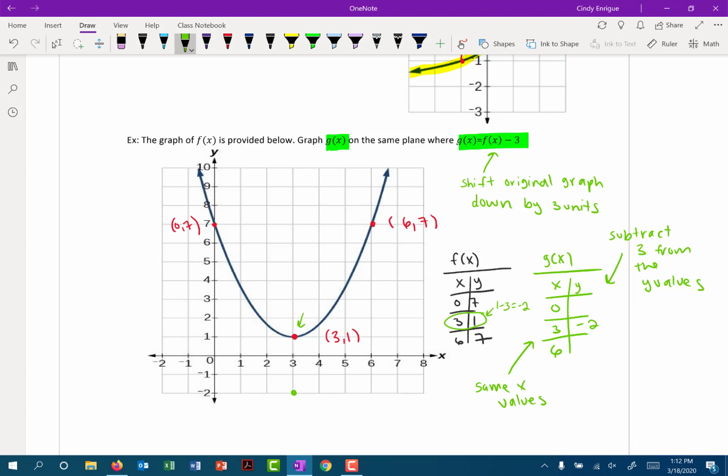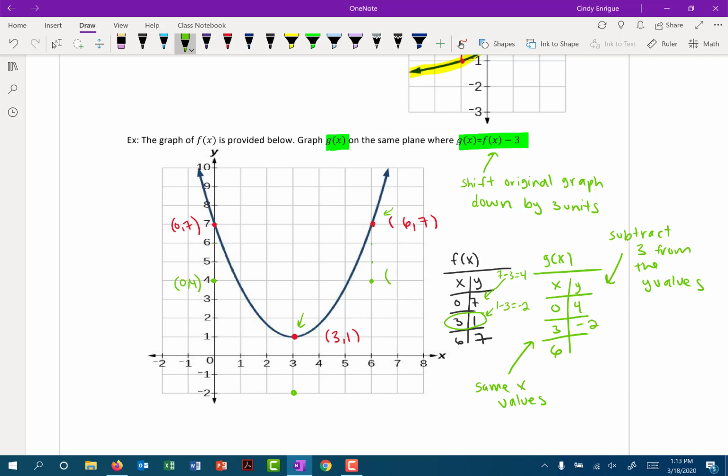Likewise, if I have my 7 up here, I'm going to go down 3. So 1, 2, 3. So now that new point is going to be 0, comma 4. So now I have 0, 4. And yes, I can think about that as 7 minus 3 is equal to a positive 4. So you can either calculate it by hand or do it visually. This point over here, I'm going to go ahead and subtract 3 from the y value. So 1, 2, 3.